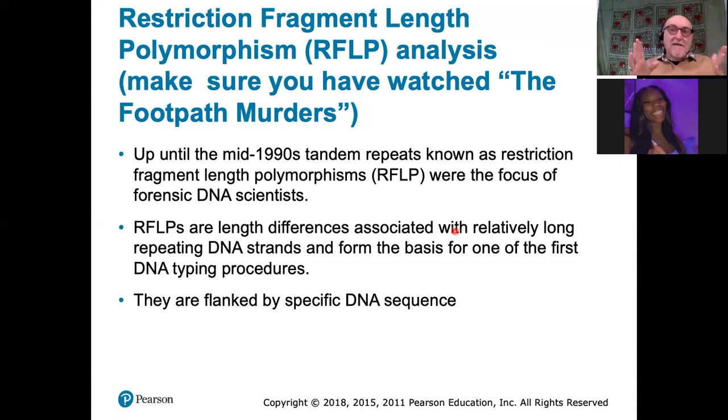There's tremendous variability in the human population. But as we start to combine chromosomes from maternal line and from paternal line, the chances of inheriting a particular combination of lengths of these tandem repeats gets smaller and smaller.